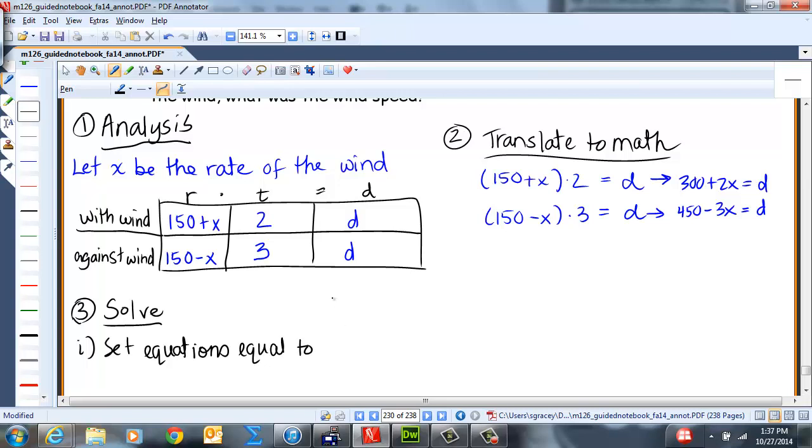Actually, we should say set the left-hand side. Can I say LHS for left-hand side of each equation?